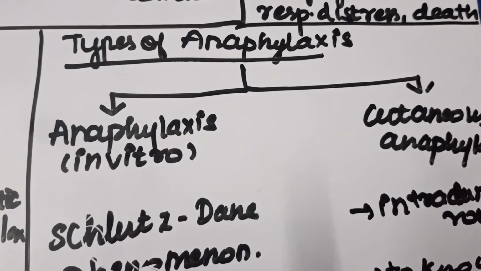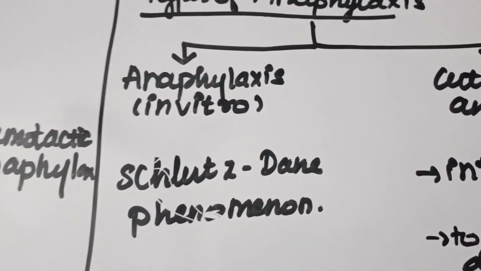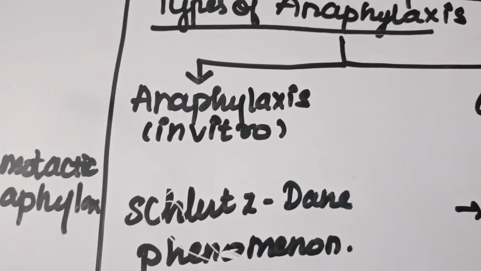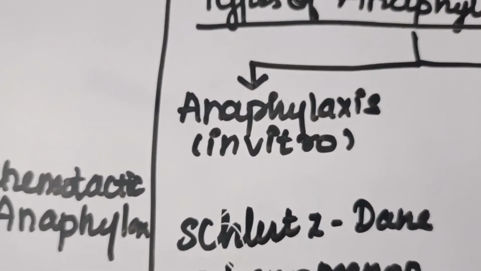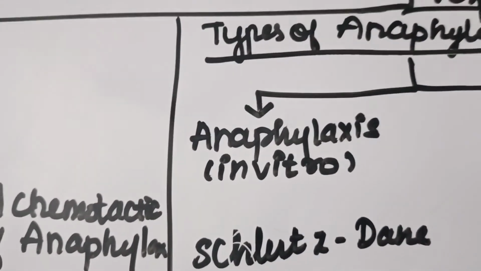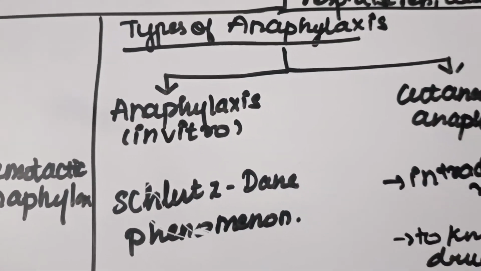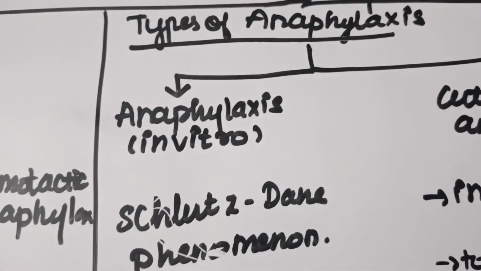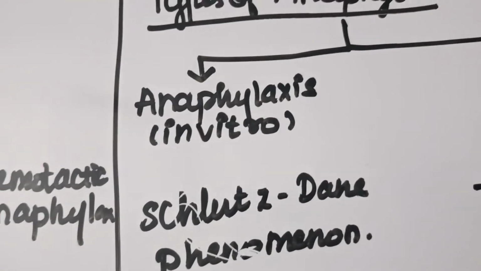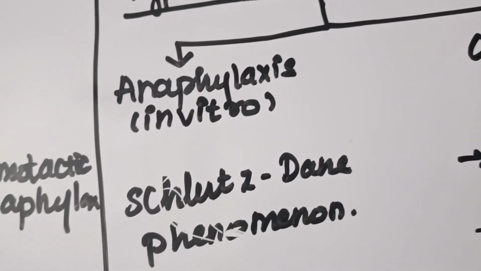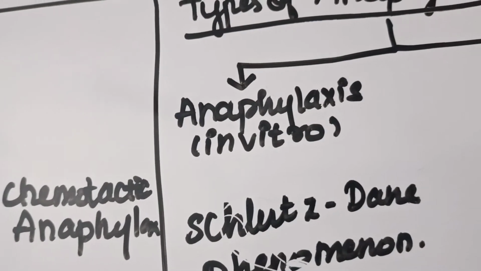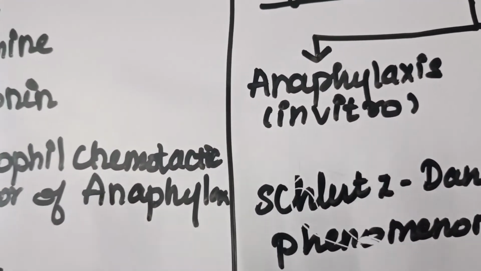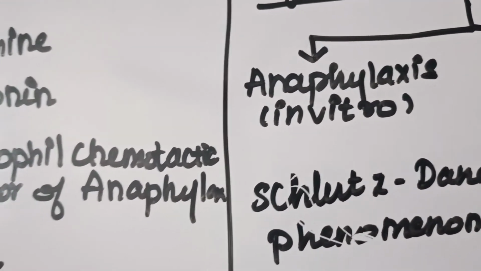It can be cutaneous anaphylaxis and anaphylaxis in vitro. This cutaneous anaphylaxis is little interesting, because now we are making use of it as a test dose for any sort of medicine. I hope now you got to know what this is about. The word cutaneous itself says it is something related to your dermal layers.